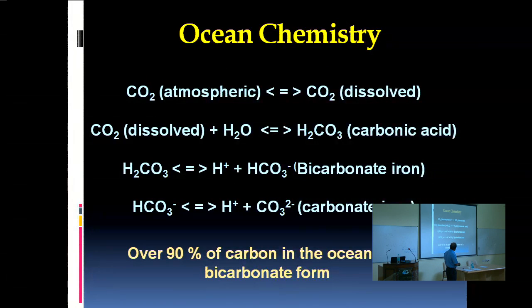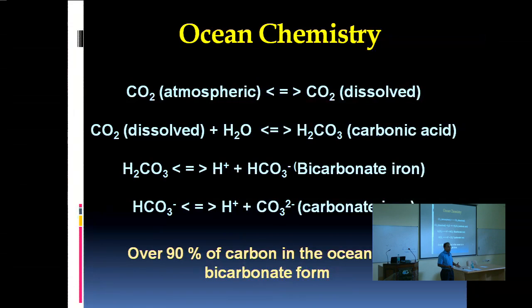Another 9% is in the carbonate form. So only 1% is in the form of carbonic acid. That means for every molecule of carbonic acid, the ocean right now contains nearly 10 carbonate ions. So the ocean's capacity, because of the presence of carbonate ion, is 10 times.